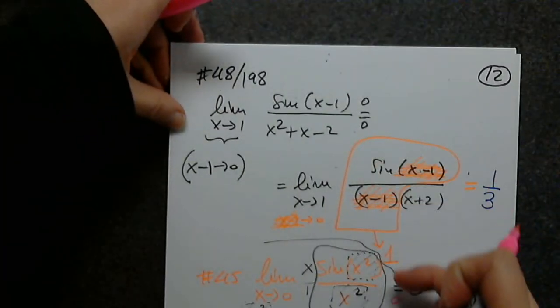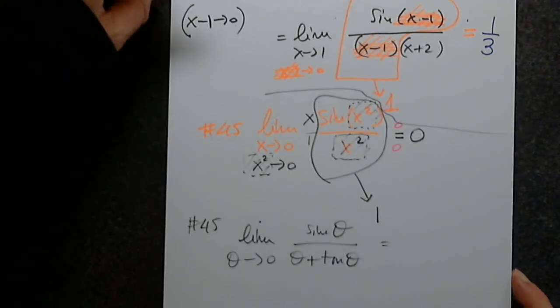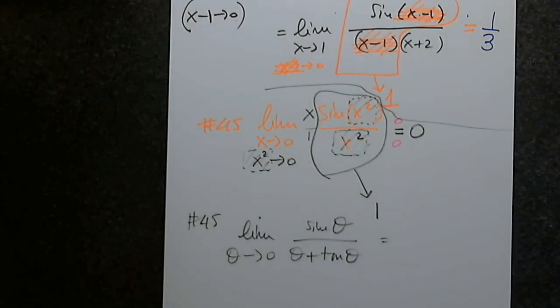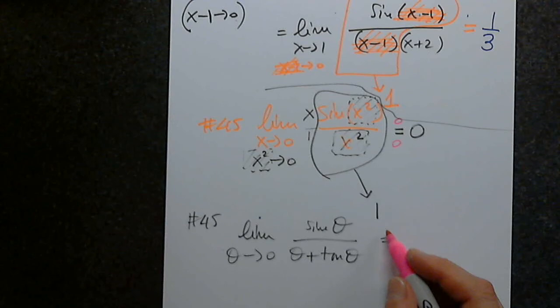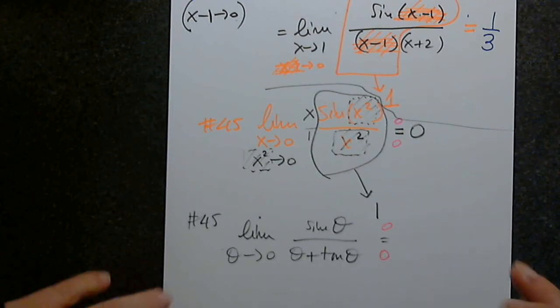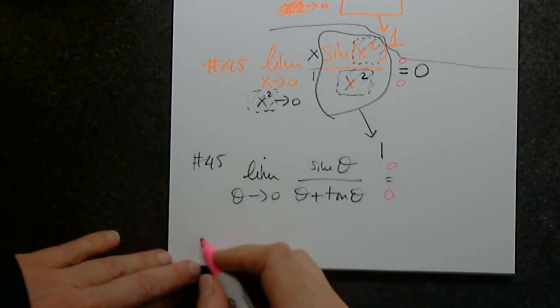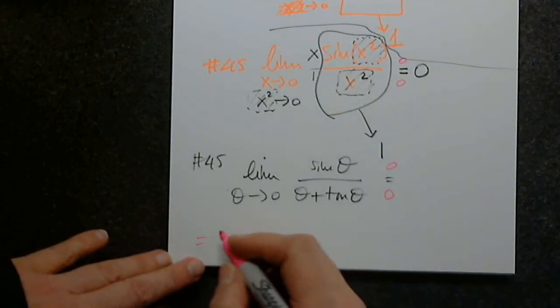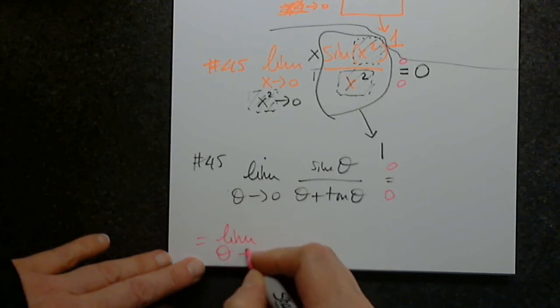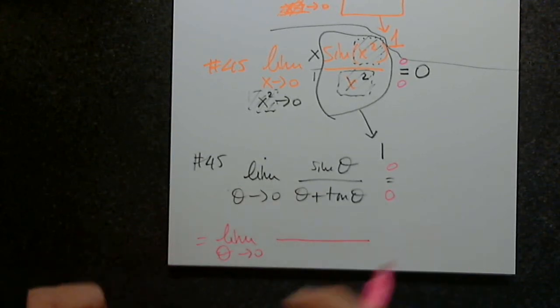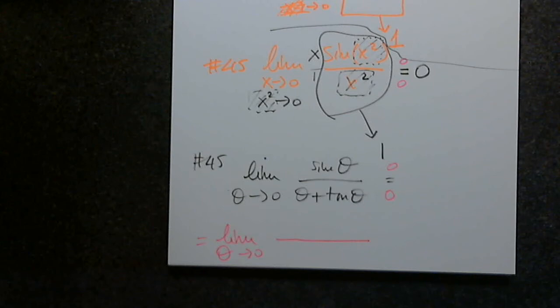I did it here, but I didn't do it here, so I'm sorry, I jumped. When you plug in 0 at the top, you get 0, and when you plug in 0 in the denominator, you get 0. Perfect. But 0 over 0 is a rule that we just looked at, and I want to apply it because there is no function inside a function.